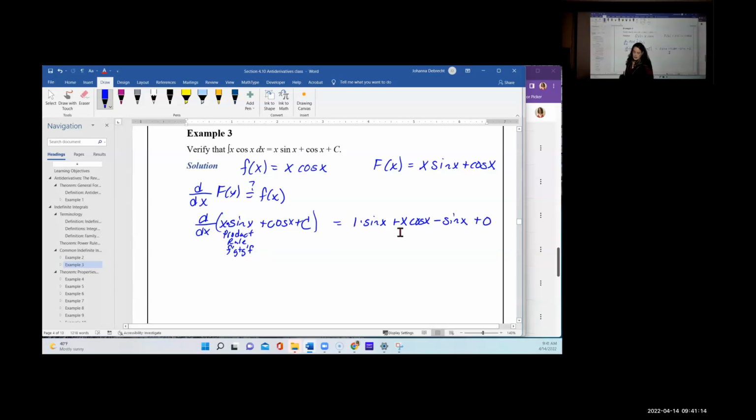So I have sine x plus x cosine of x minus sine x. The sine x's cancel, and I end up with x cosine of x, which is equal to lowercase f of x, which proves that this is an antiderivative.